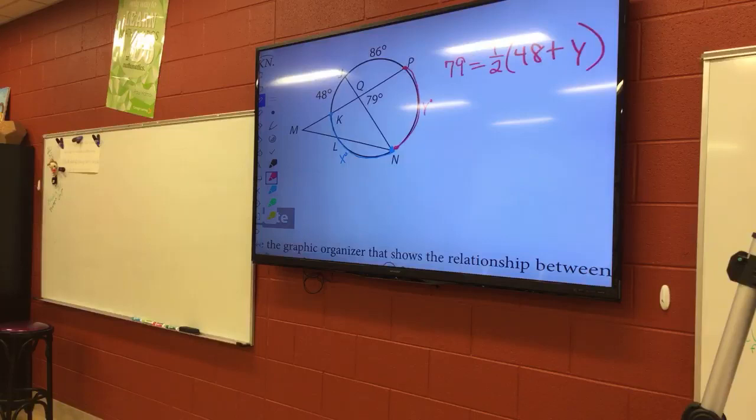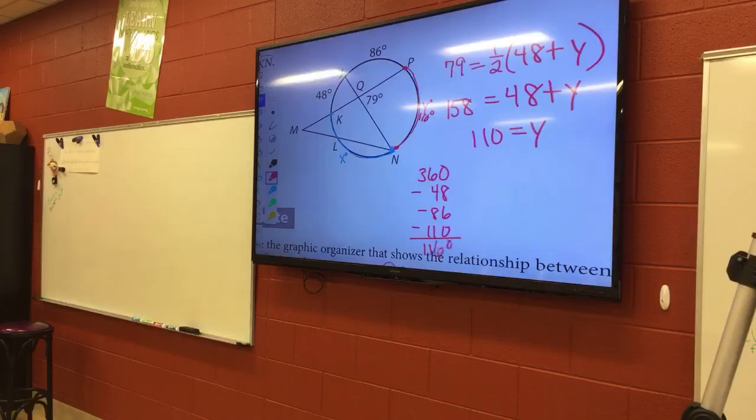If I multiply by 2, I get 158. If I subtract 48, I get 110. Then 360 minus 48 minus 86 minus 110 will give me 116. And there you have it.